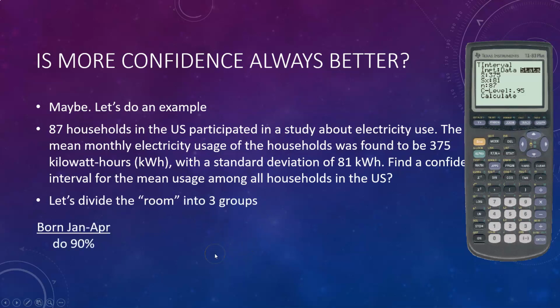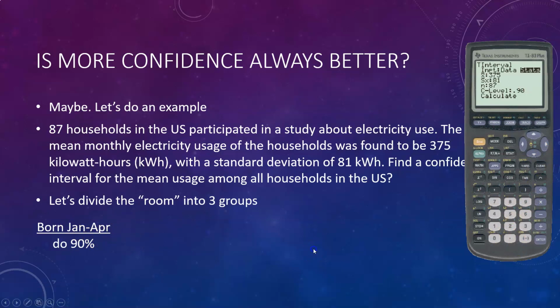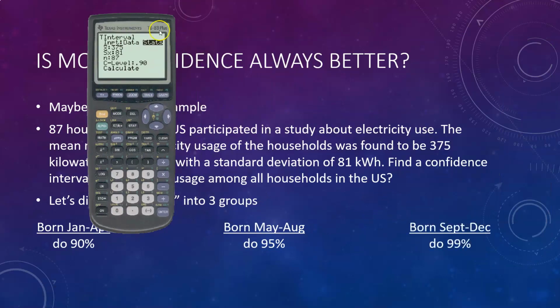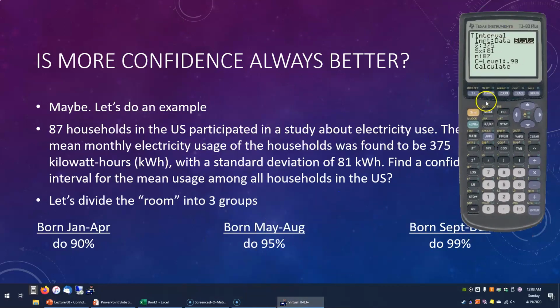If you were born from January to April, and I was, use a 90% confidence level. If you were born May to August, do 95%. And if you were born September to December, do 99%. Okay? Hit calculate. Now you're going to have a certain result.